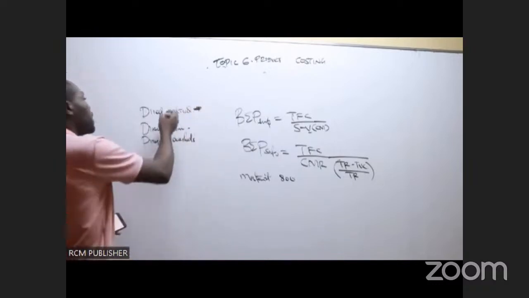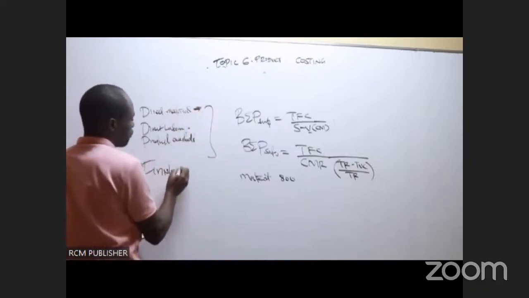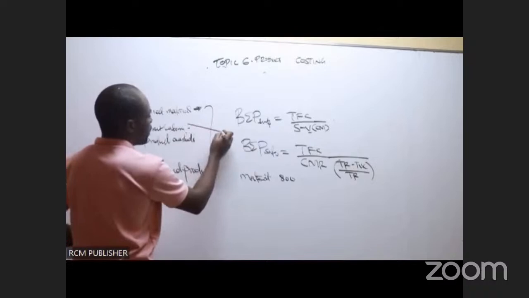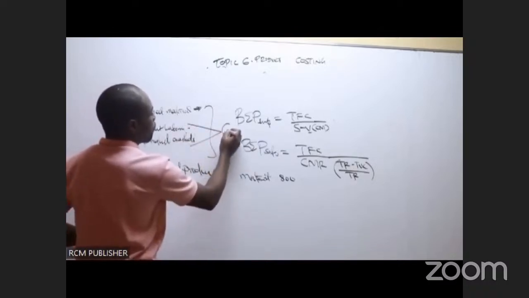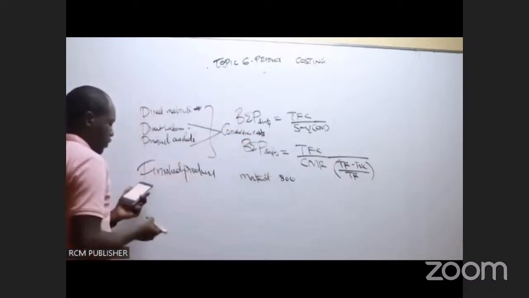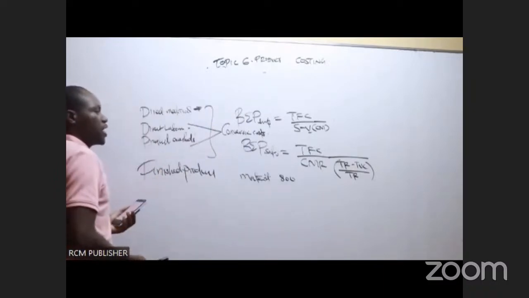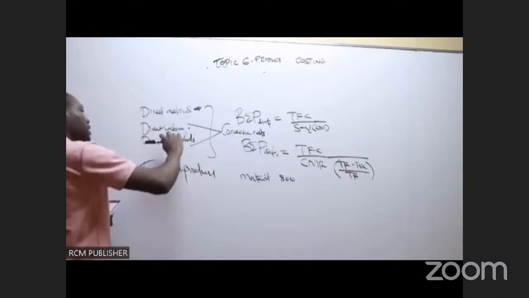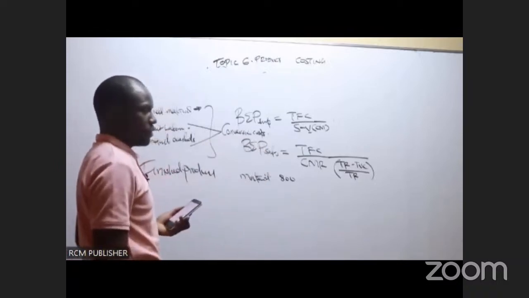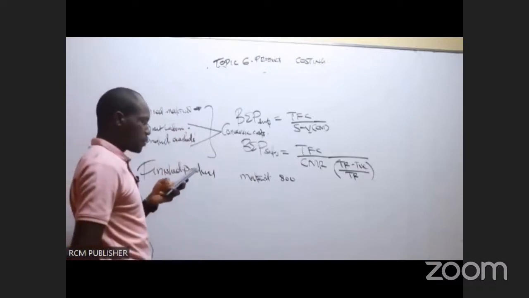Any other cost that you are going to incur to convert this raw material to finished product is called conversion costs. So direct labor is already there. Variable production overhead, even fixed production overhead, they are all going to be called conversion costs.